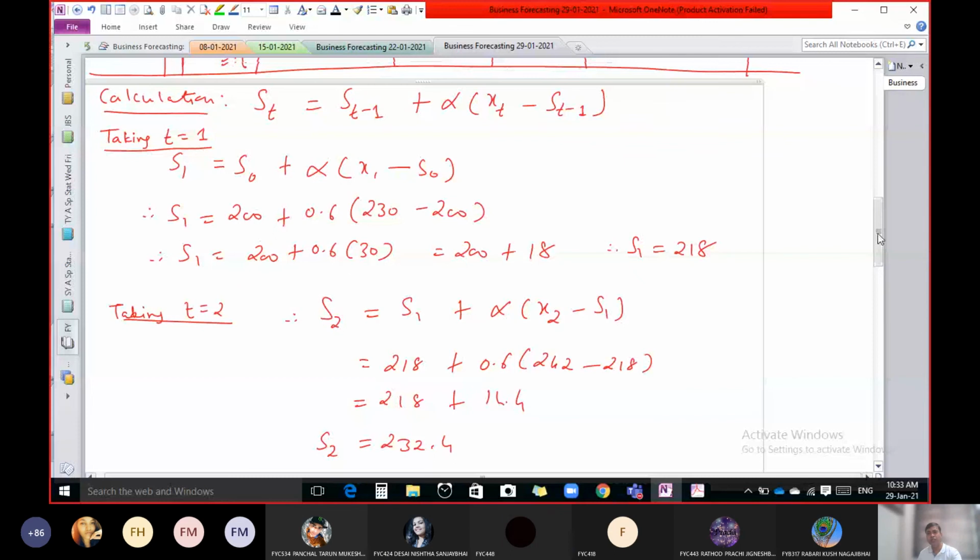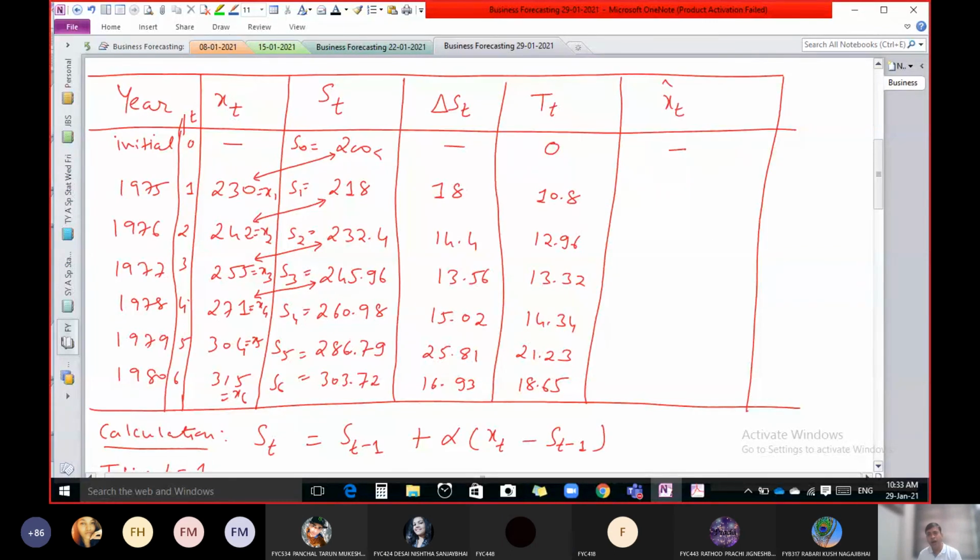So now what you require to do, listen: multiply this by 0.67 and add this number S1, and tell me the answer. 225.24.